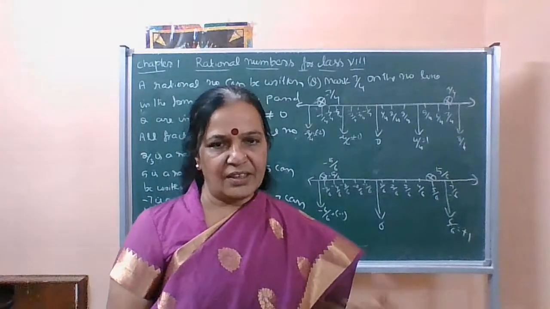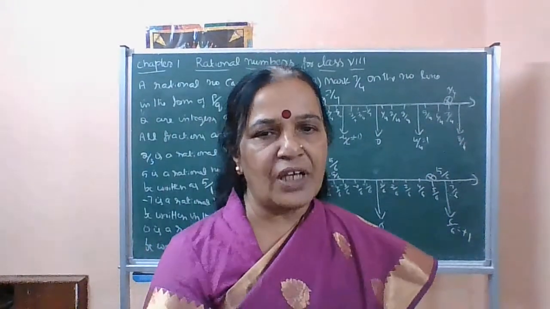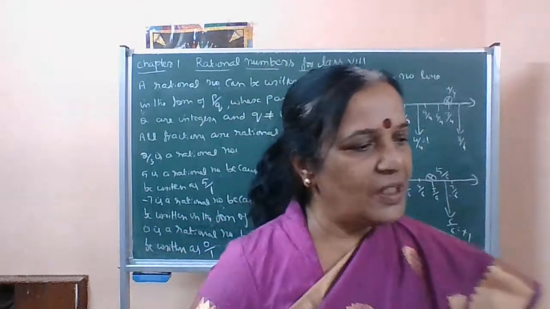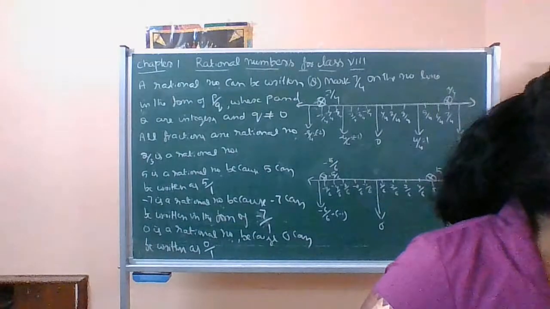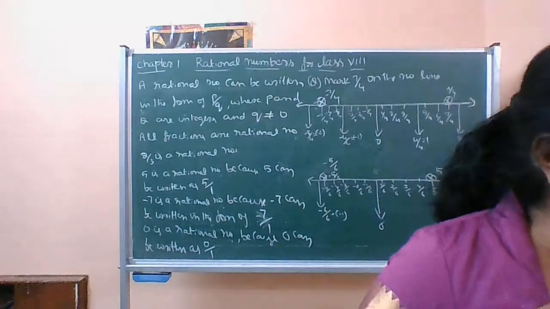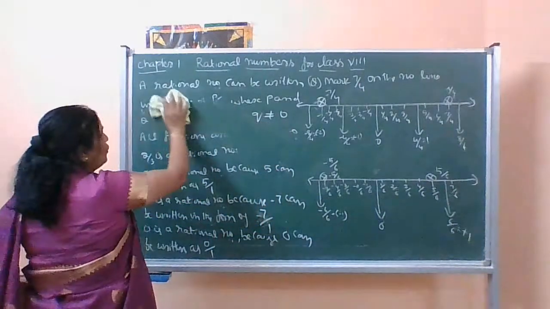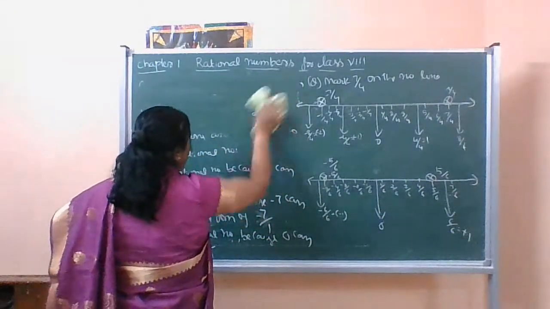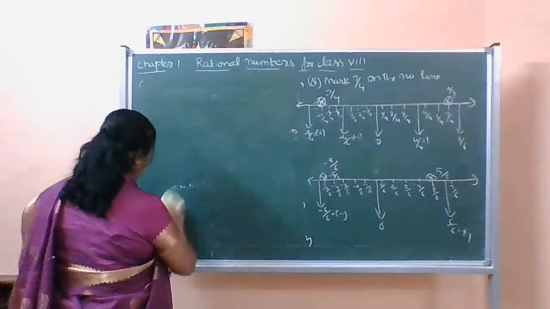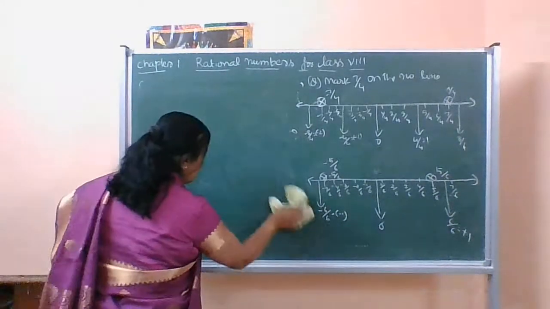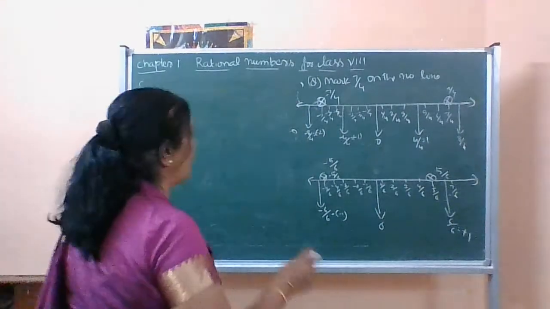And the second question is, you have to find a few rational numbers which come in between. That means write the rational numbers which are smaller than 2. Write 5 rational numbers smaller than 2. This you can write directly.